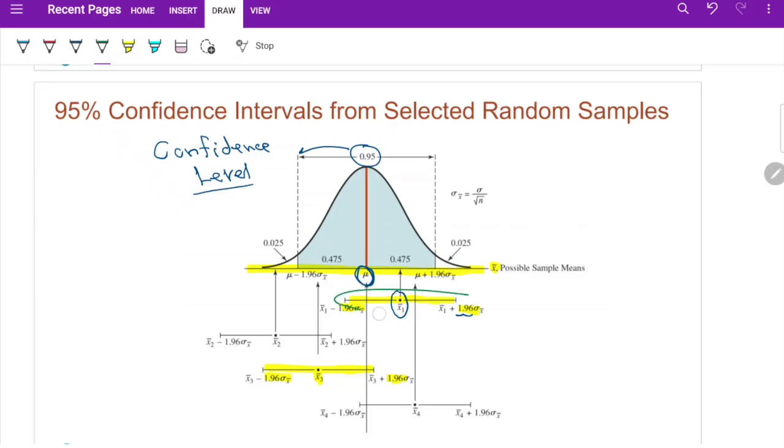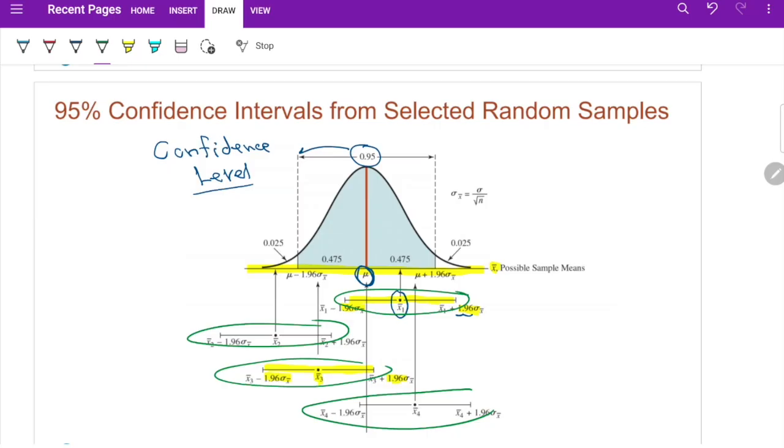So suppose this is a different sample, and this is a different sample. If we take 100, 95 of these will contain the true population mean. This is the meaning of having a 95% confidence level, which is good.